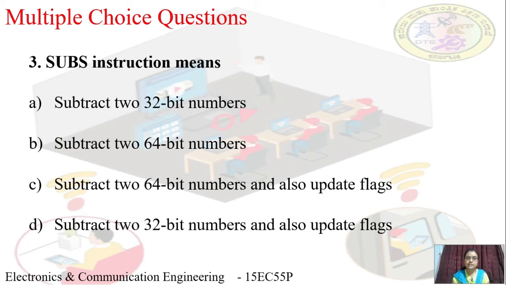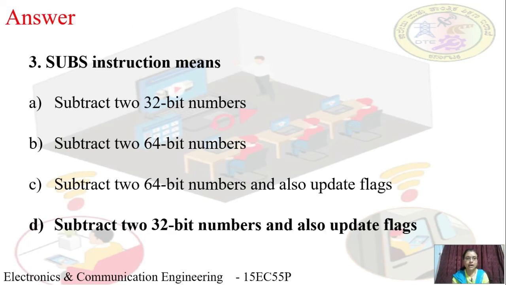The SUBS instruction, as already said, will do the subtraction and also update the flags, because S indicates that. If you use only SUB, it will only subtract 2 32-bit numbers, right? So SUBS indicates subtraction of 2 32-bit numbers and also updating the flags. So hence the answer is D, subtract 2 32-bit numbers and also update flags.